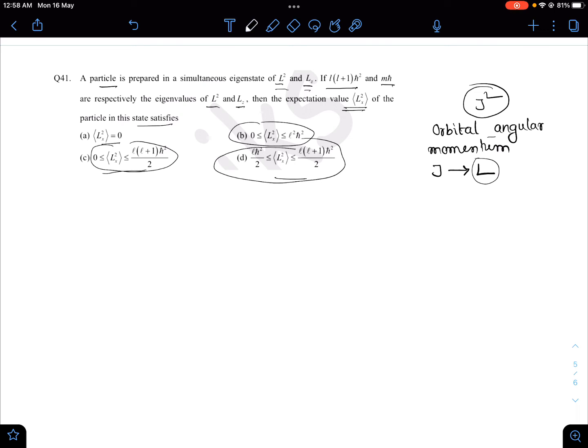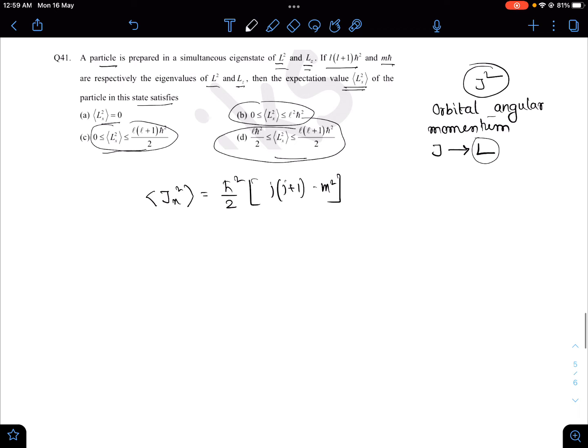First of all, we have already found that the expectation value of Jx square is h cut square by 2 into j into j plus 1 minus m square. So in the case of orbital angular momentum, the expectation value of Lx squared would be h cut square by 2 times L into L plus 1 minus m squared.